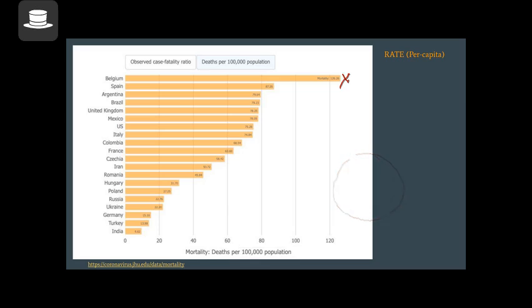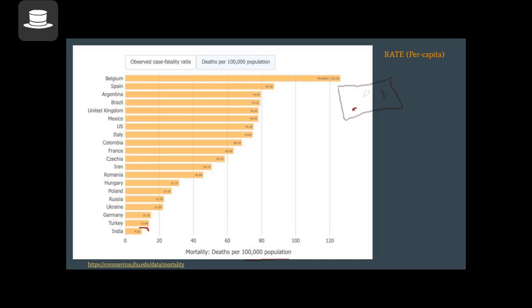So in Belgium, it is 126.26. In other words, 120 plus people are dying for every 100,000 people in general, and they're dying of COVID. Make sense? The least is India.